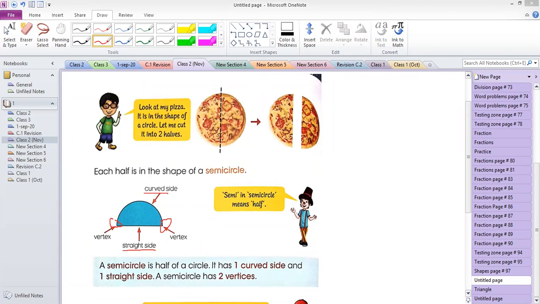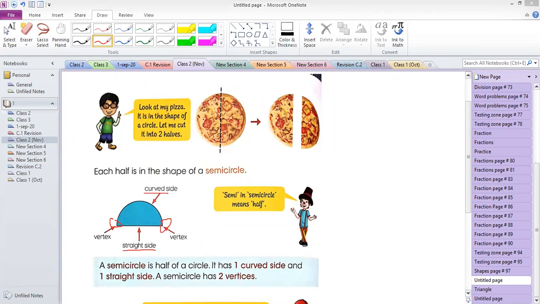Have you seen the protractor, guys? The protractor is also the shape of a semicircle. When you divide a circle into half, that becomes the shape of a semicircle.